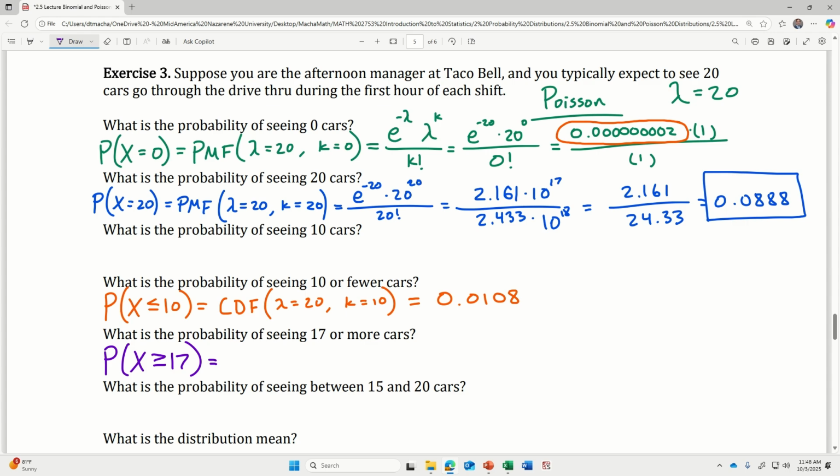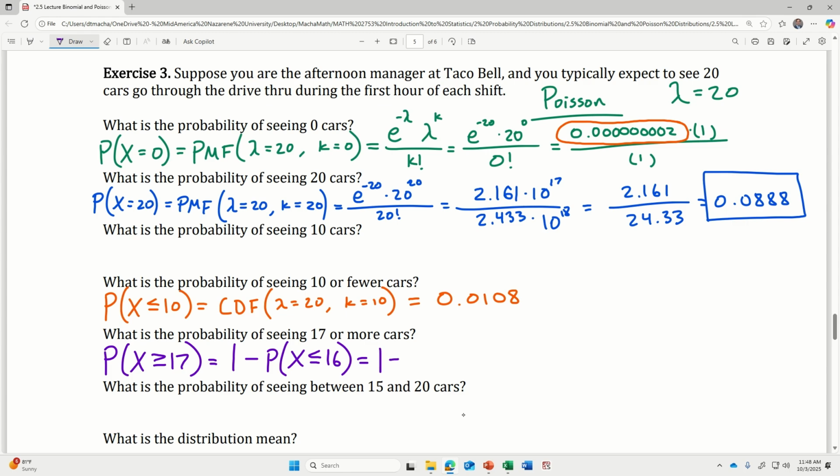Yeah, it's the table, but with one minus. The statistics probability term for this is the complement. The probability that x is greater than or equal to 17 is the complement of the probability that x is less than or equal to what? 16. Very good.